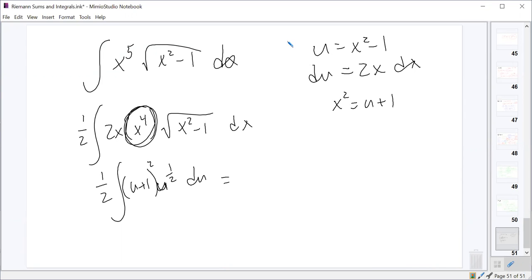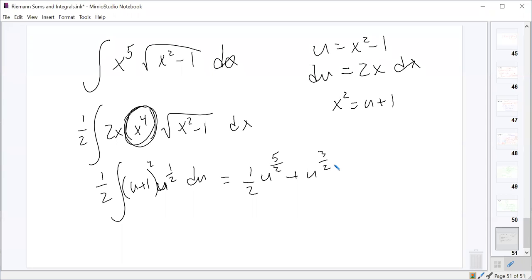Okay. So from there, we will just distribute out the u plus 1 squared with the u to the 1/2. And maybe I'll throw the 1/2 in there with it also. So the u plus 1 squared is u squared plus 2u plus 1 times the u to the 1/2. That's going to give us a 1/2. If it's u squared times u to the 1/2, that's 1/2 u to the 5/2. And then the 2u that's in there, it's going to get multiplied by the half to become a u times the u to the 1/2, which is u to the 3/2.